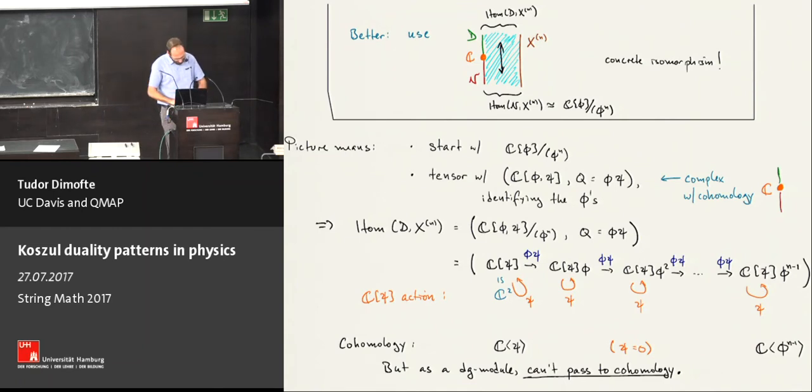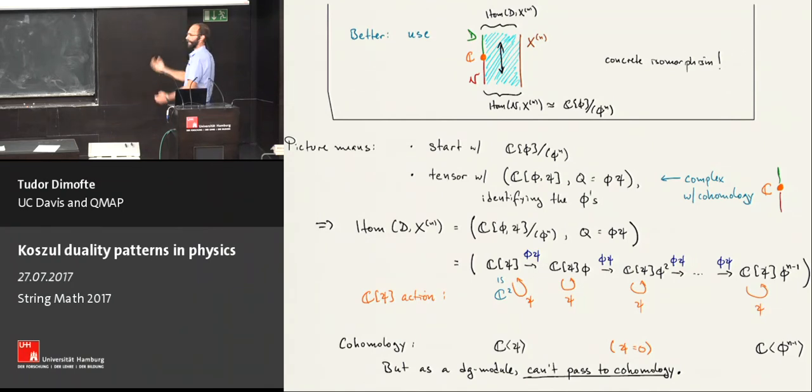And this is the place where it's important to say DG module rather than module. I will actually explain a little bit later in the case of gauge theory why you can't just pass to cohomology. But the complex and its cohomology are not quasi-isomorphic as DG modules.